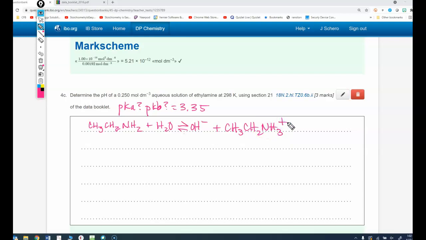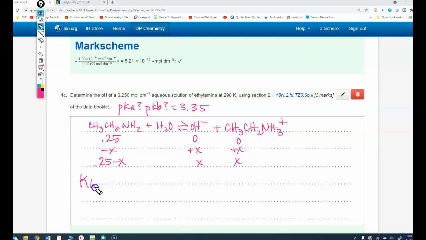The initial concentration is 0.25. We don't care about the water. We'll have 0 of this and 0 of this, then minus X and plus X and plus X. Ultimately we will have 0.25 minus X, which we will negate.